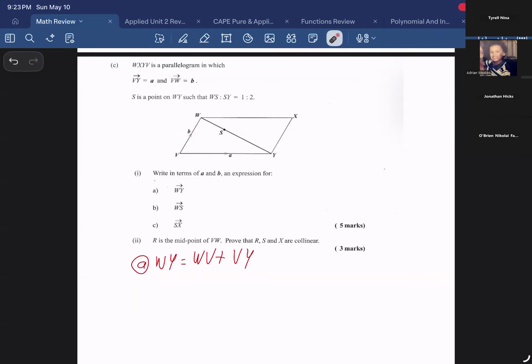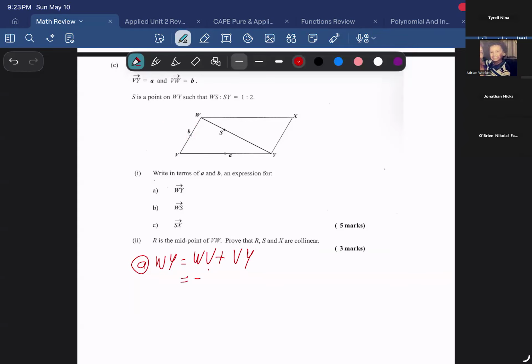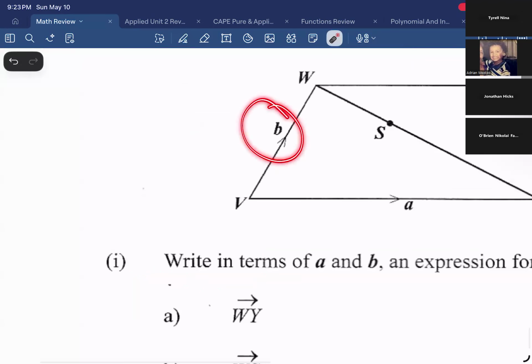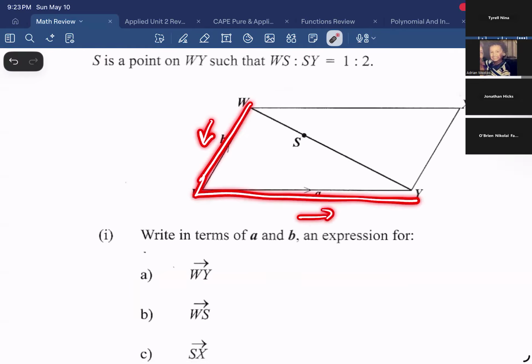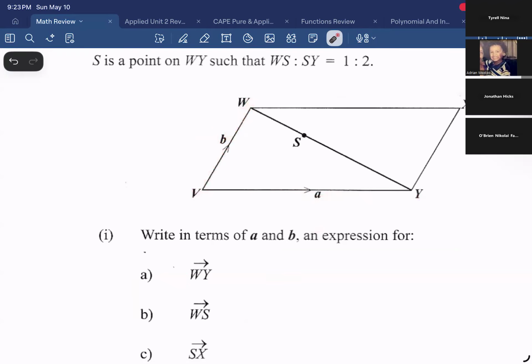So if I'm going the opposite direction, this has to be minus B plus A, or A minus B. All right? So let me repeat that again. Look where B is. B is here. A going this way. So to get from W to Y, I gotta go this way, and then I gotta go this way. So if you notice here, this would be minus B plus A.